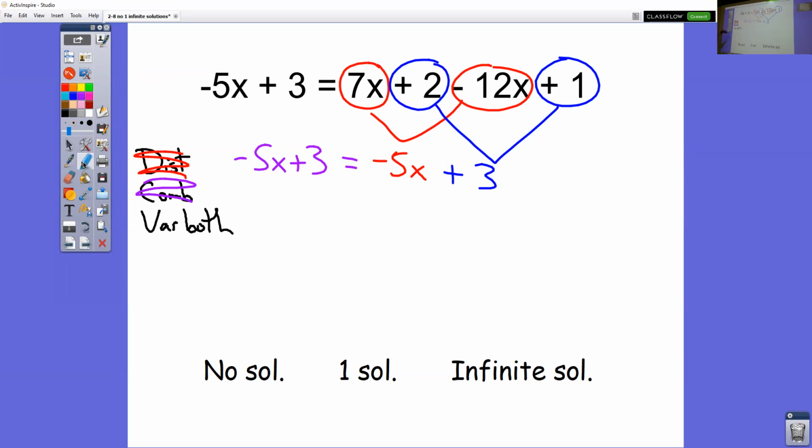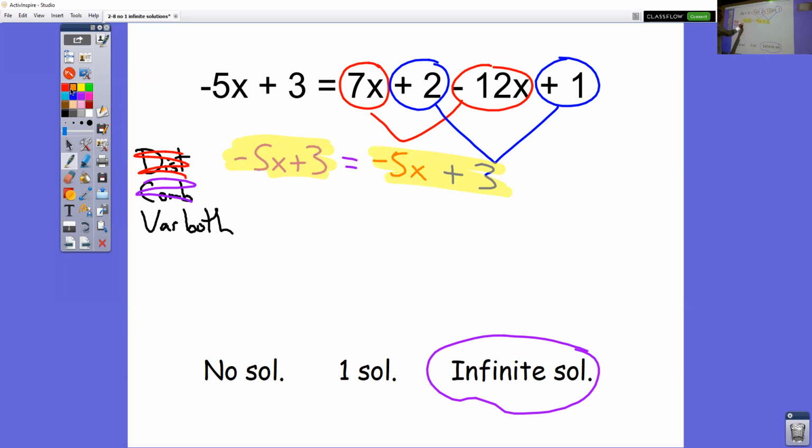Now, technically, you could stop right there because I can see clearly that I have the same thing on both sides of the equal sign. As soon as you get the same thing on both sides of the equal sign, that is your indication that you have infinite solutions. But what happens if I took it one step farther?